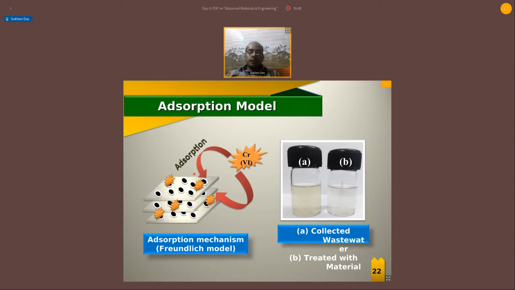It is not very difficult to do that. We have done this in our lab also. We have separated this boehmite, and with this boehmite, the chromium is also separated from the water, and in this way it is possible to separate the chromium from the polluted water.